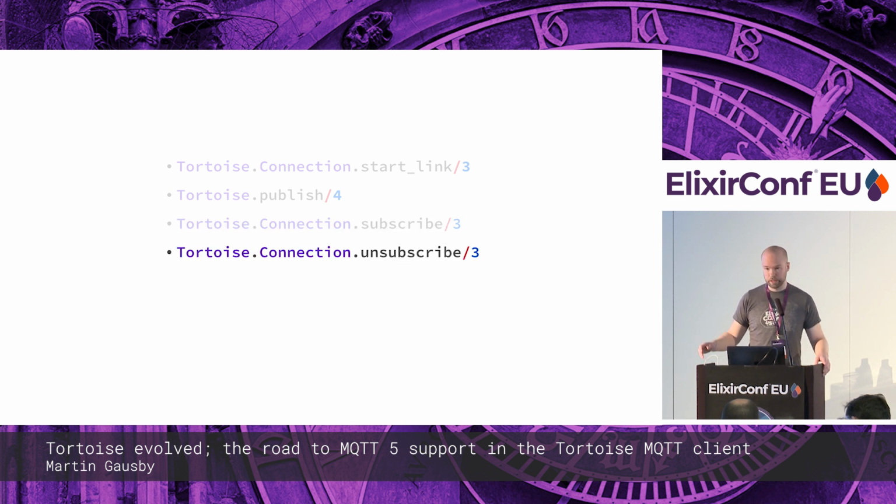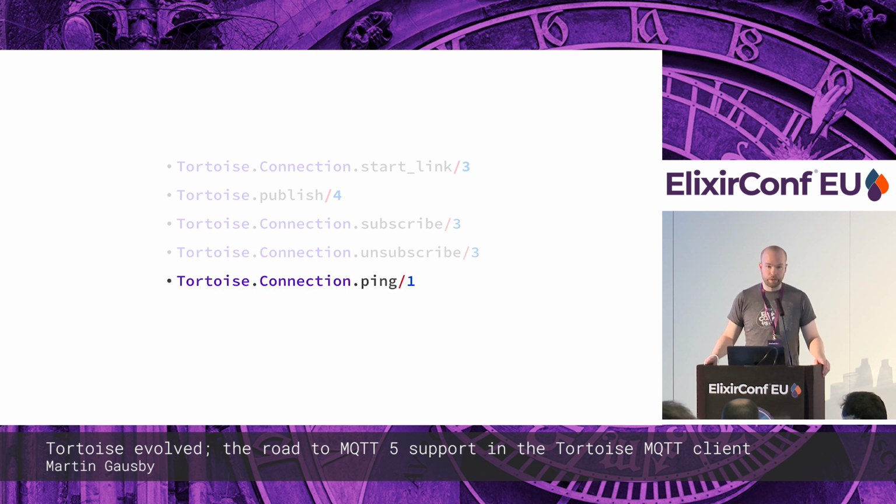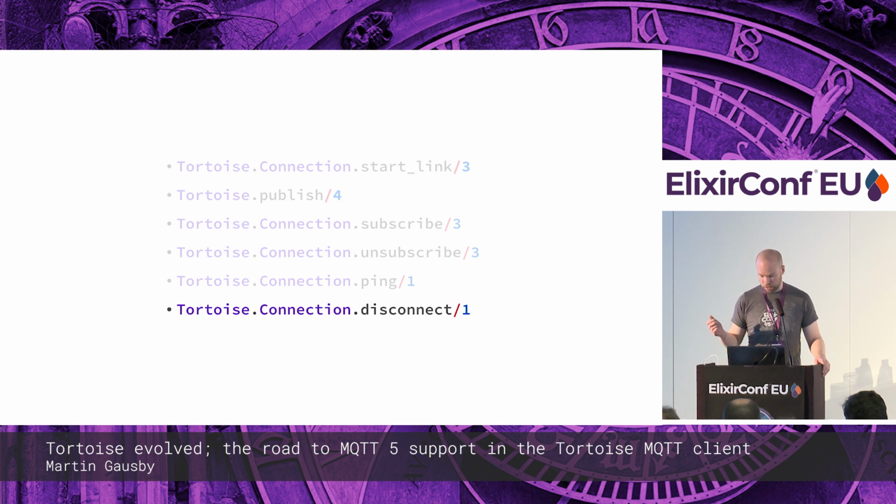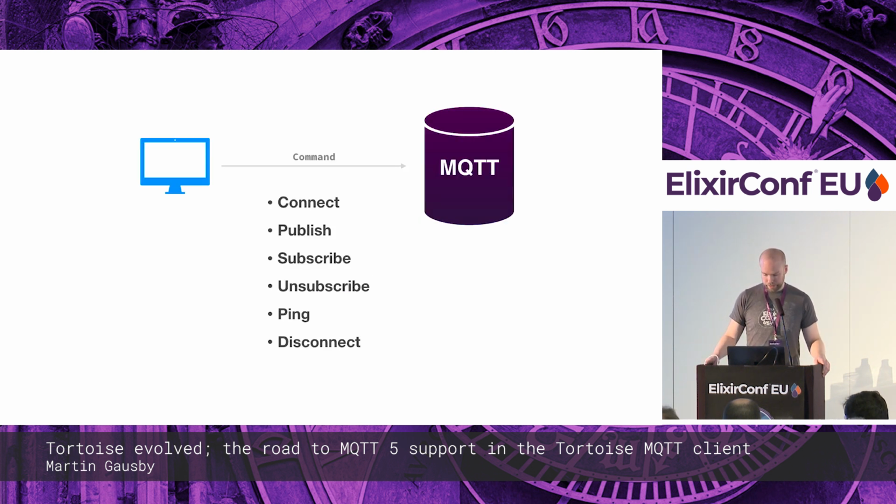And then we have similarly unsubscribe. And then we got the ping function. Actually, Tortoise will handle that automatically because you just need to send a ping message once in a while to keep the connection open. And then we got the disconnect, which will destroy the process and the instance. So that maps pretty well to the list I specified starting out.